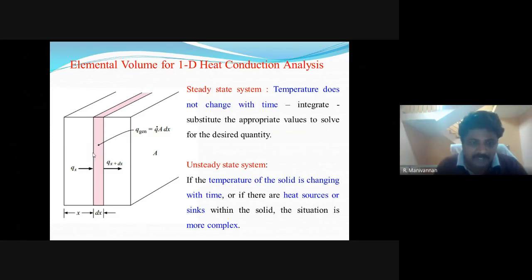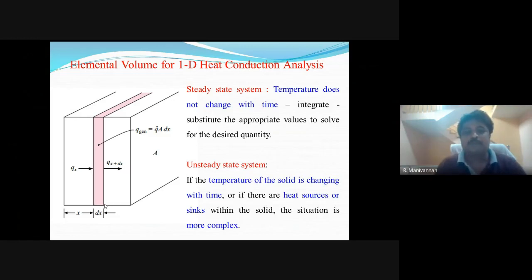Let us consider a surface which is at a distance of x from this end. We are going to take this strip with a thickness equal to dx. So this is x and this is x plus dx.